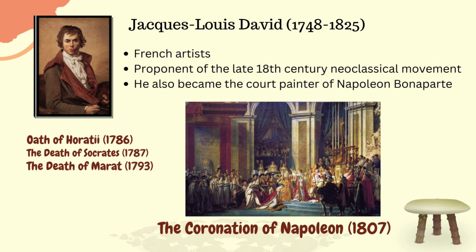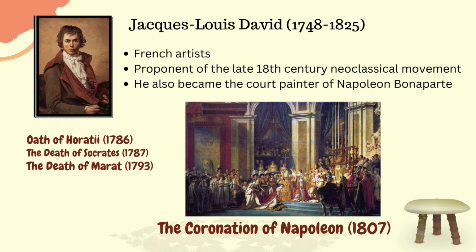And the last example of J.L. David's painting was the Coronation of Napoleon. Remember that Jacques-Louis David also became the court painter of Napoleon Bonaparte. When that happened, he painted a series of portraits of the newly installed emperor.